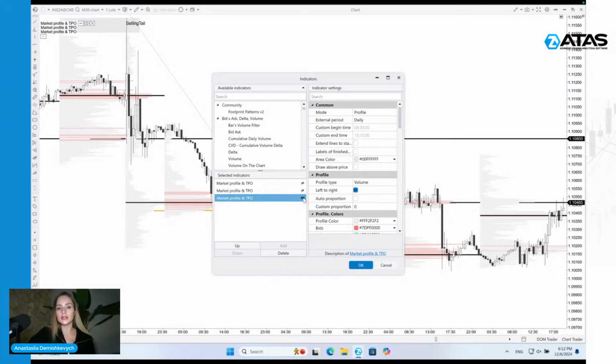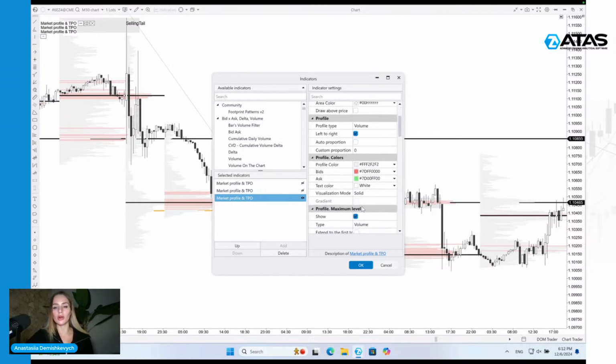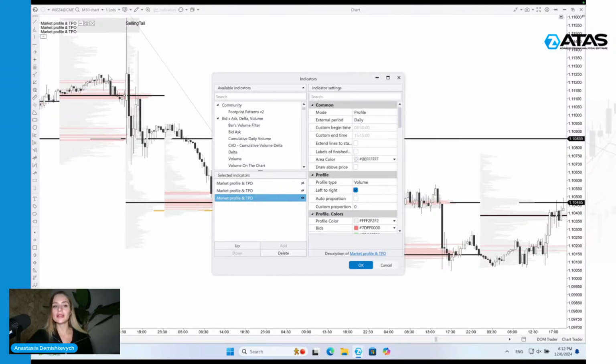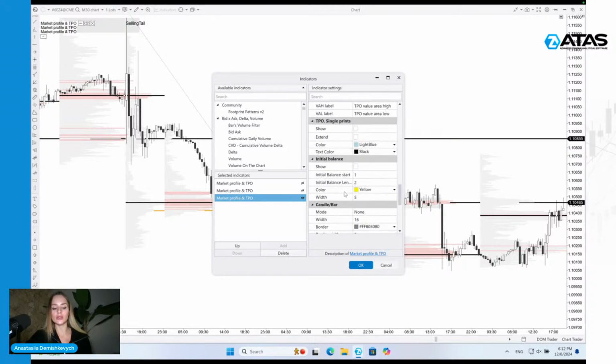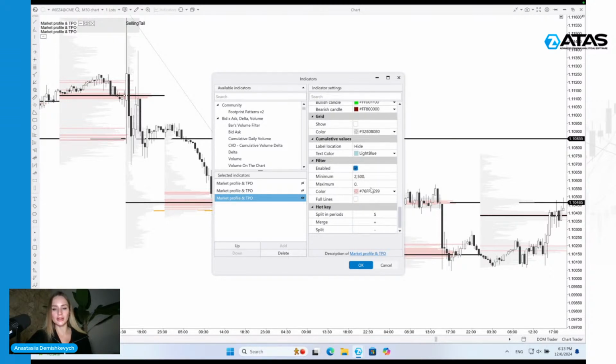I said it in the beginning of the webinar, but I'm going to repeat it. The levels selected and highlighted in red are the levels that have been filtered for 2,500 or more contracts in each level. You can select different filters, and for different assets, you will have different filters.